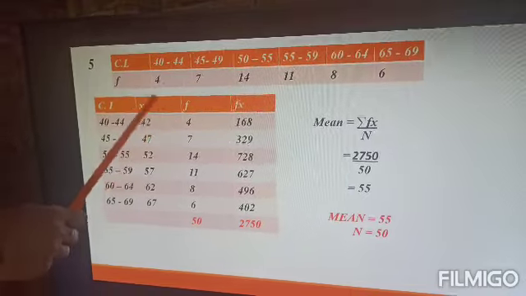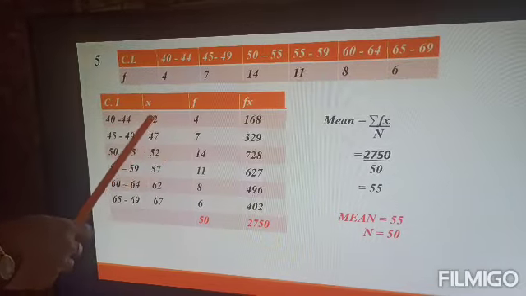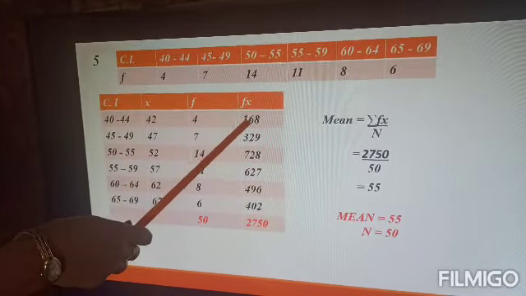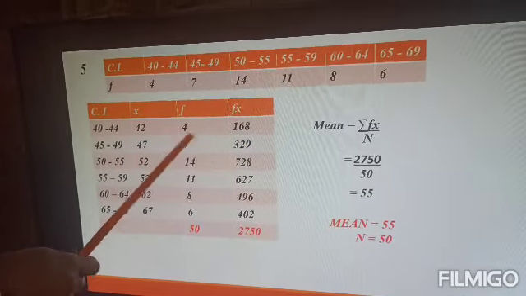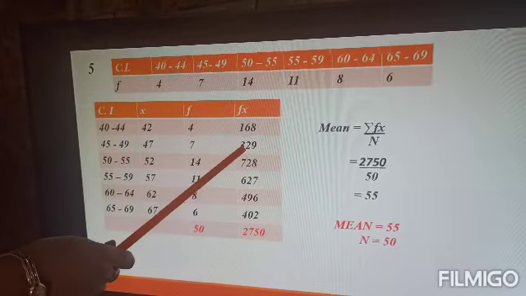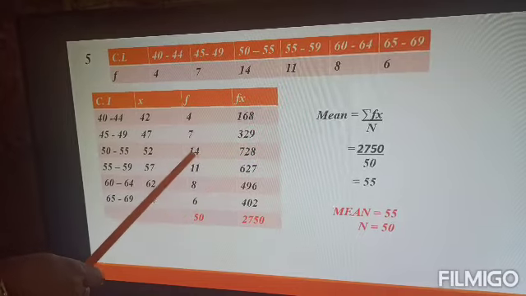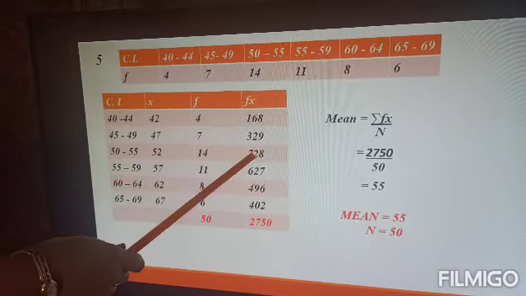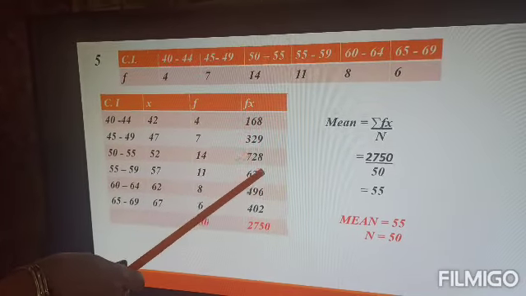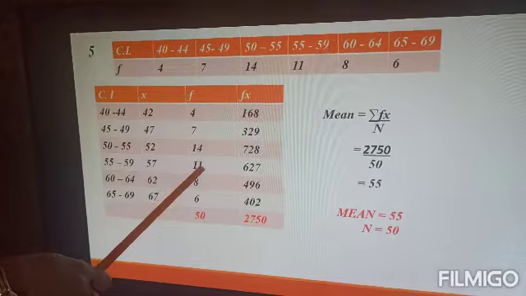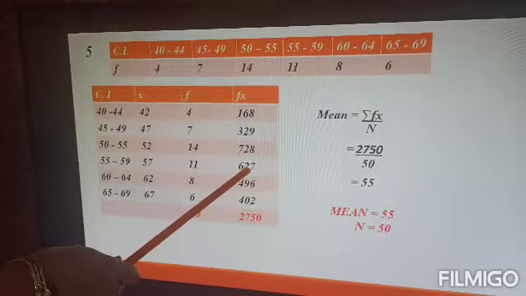Then multiply these two, x and f column, will get the fx column. 42 into 4, 4 into 2, 8, 4 into 4, 16. 7 into 7, 49, 4 carry, and 7 4s are 28 plus 4, 32. 14 2s are 28, 2 carry, 14 5s are 70 plus 2, 72. 11 into 7, 77, 7 as carry, then 11 into 5, 55, 55 plus 7, 62.